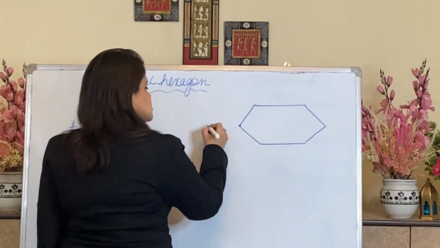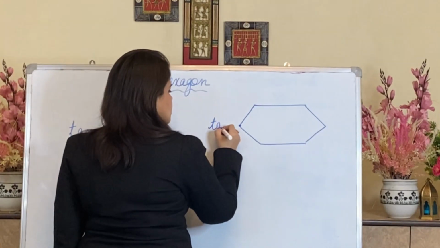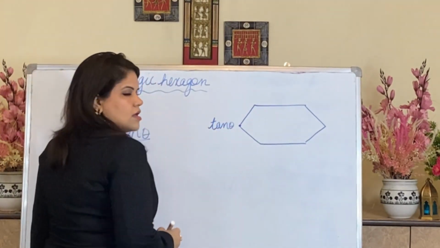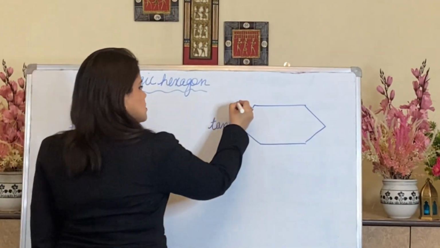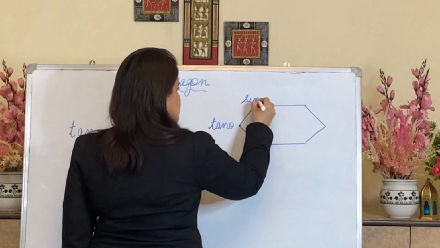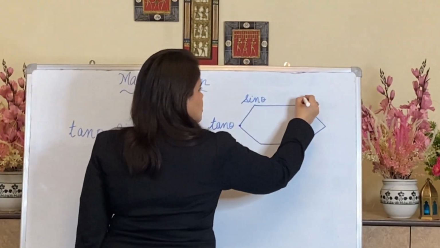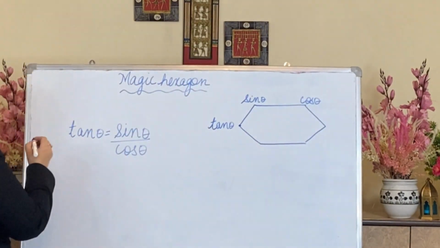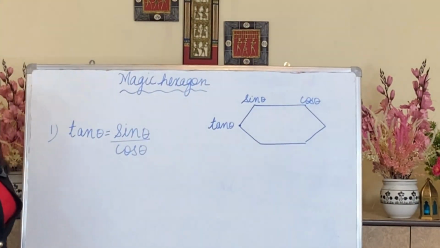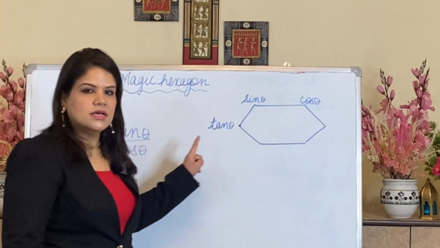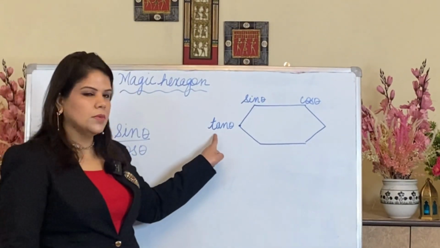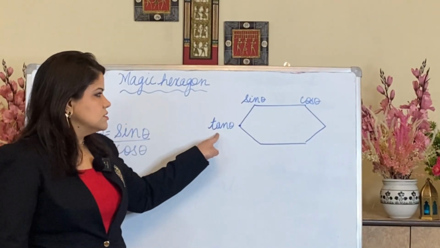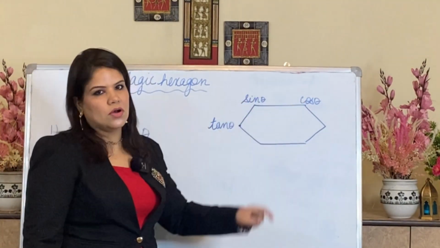How will I name this? Tan theta is equal to sin theta upon cos theta. First thing you have to remember while naming the trigonometric function in this hexagon is tan theta will start from here and tan theta is equal to sin theta upon cos theta.